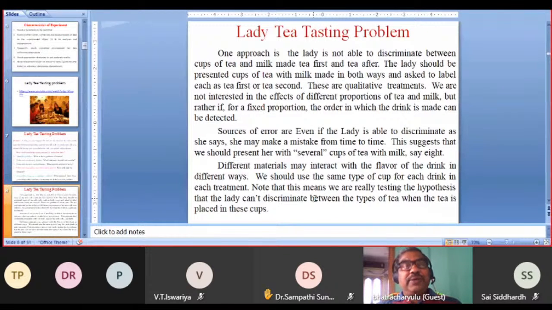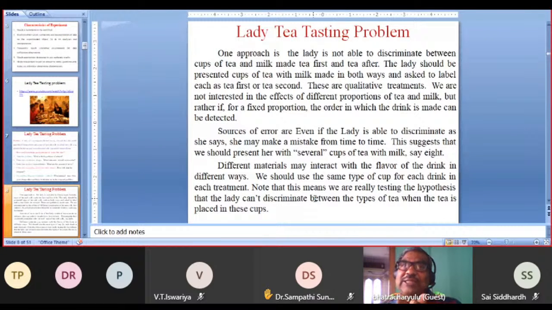In the experiment that I am planning, one approach is that the lady is not able to discriminate between cups of tea made with milk first and tea first. So here, at the initial stage only, whatever the infusion, that is tea powder, water, milk and sugar, all are added at the initial stage and boiled, making the tea.